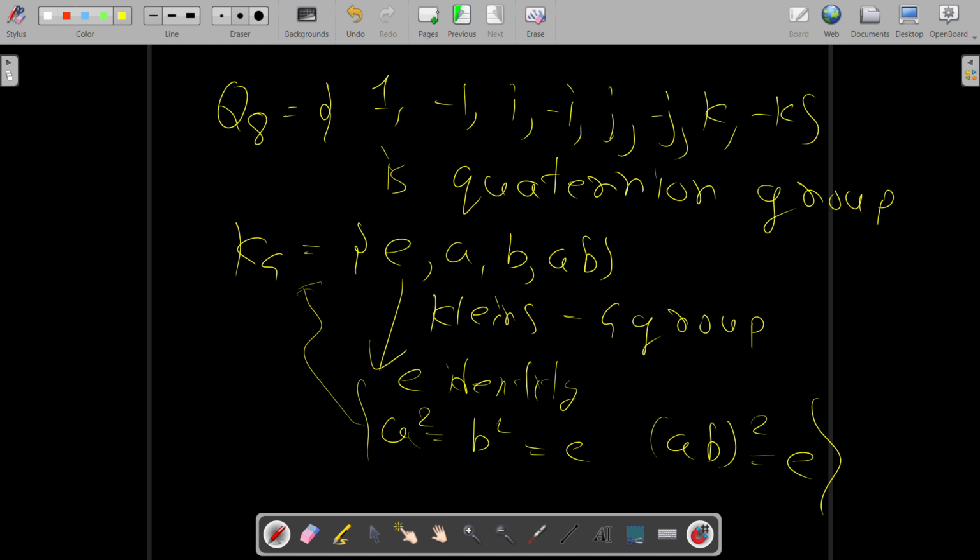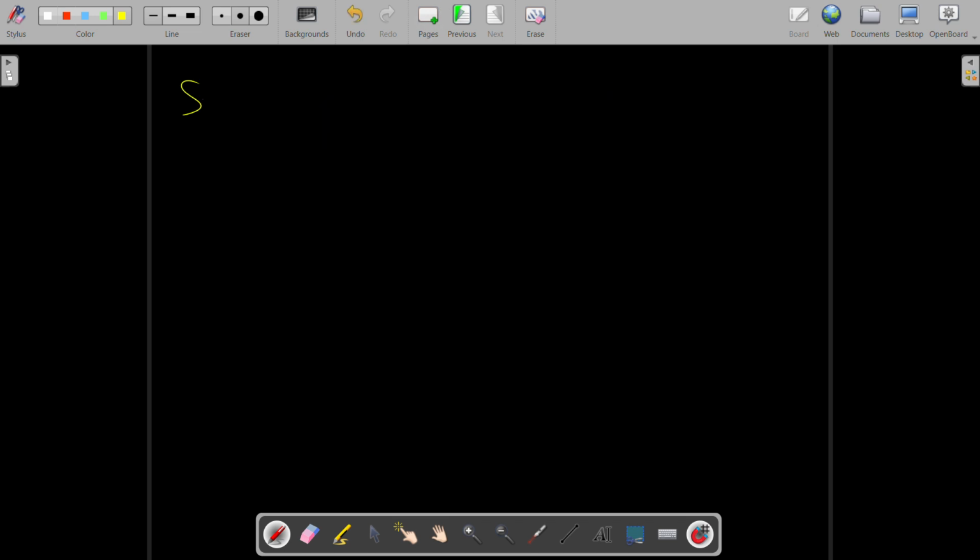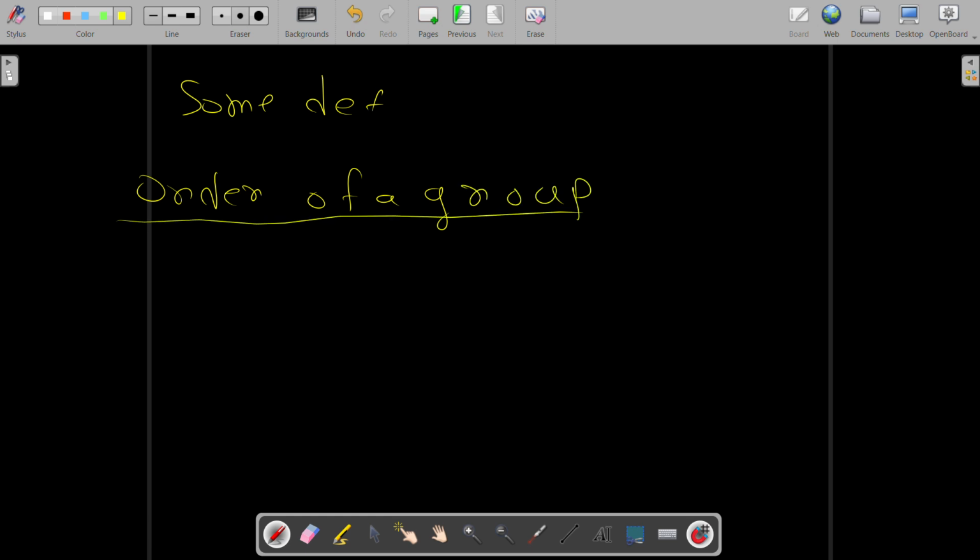Next, there are some definitions. First comes the order of a group. Order of a group is nothing but the number of elements in a group.